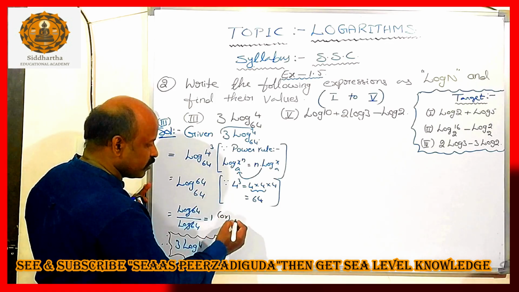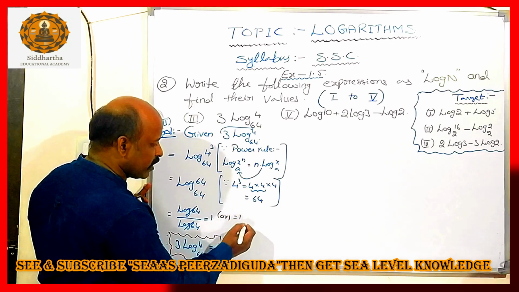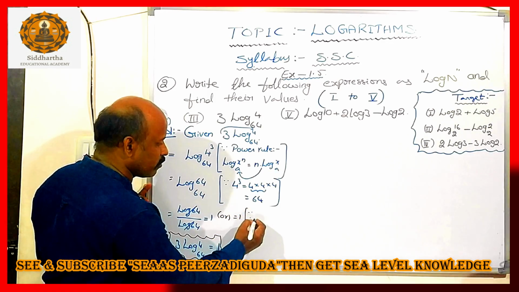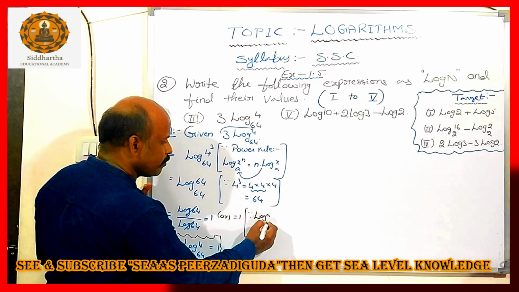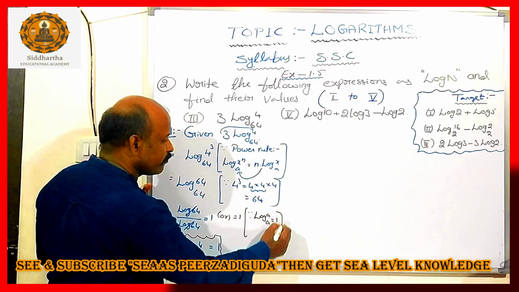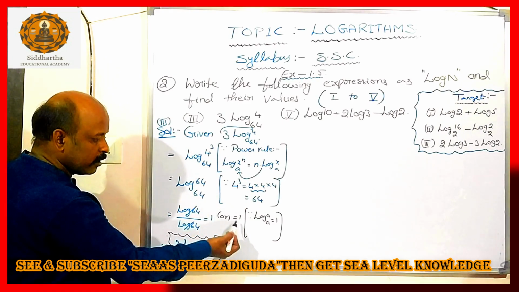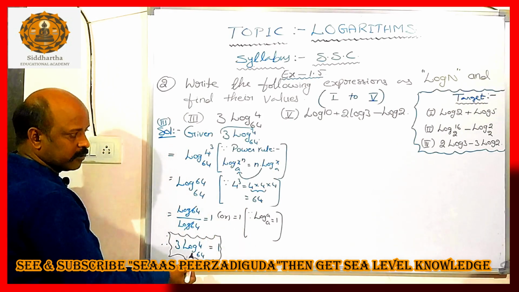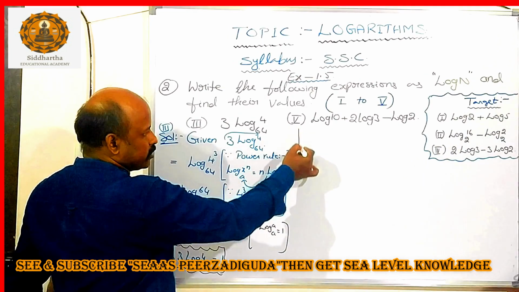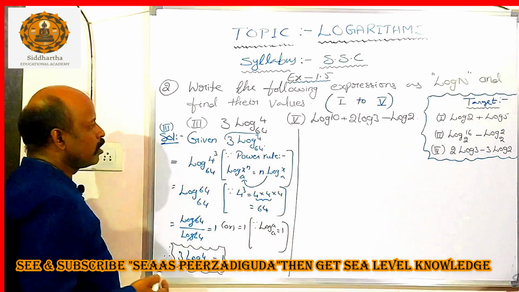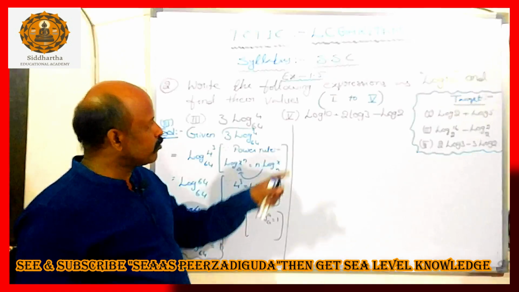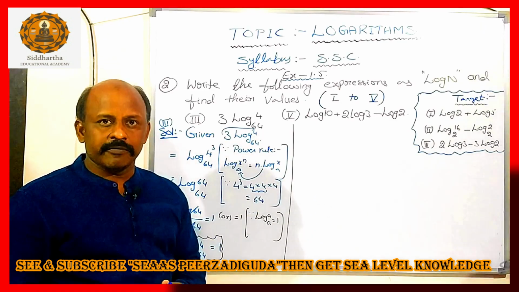Log 64 base 64 value is directly 1, since we have one formula: log a base a is equal to 1. By using this formula, log 64 base 64 value is 1. Like this, we can do it in 2 methods.